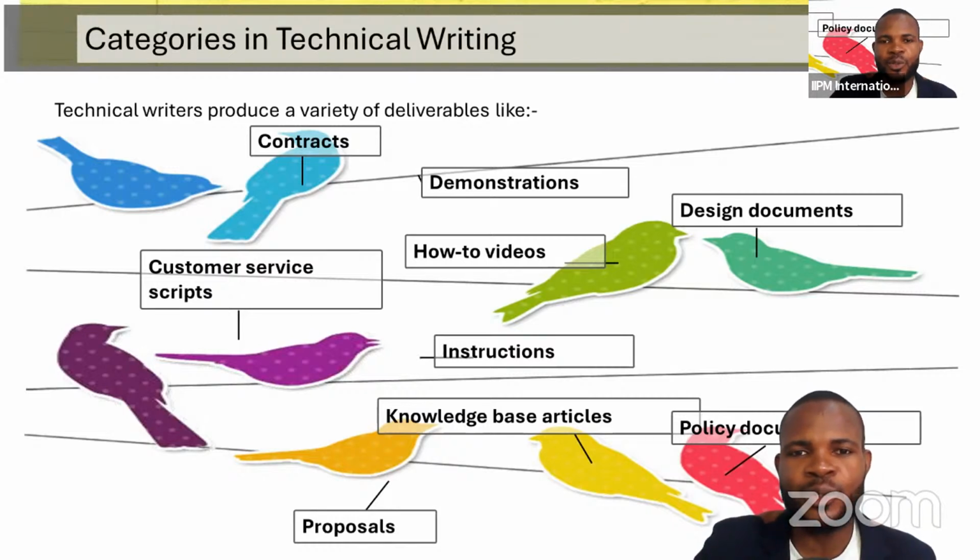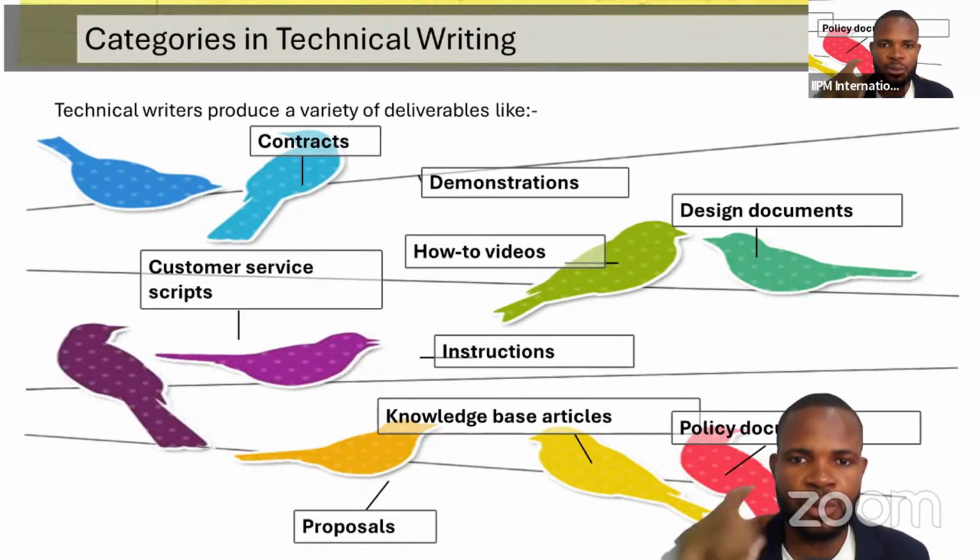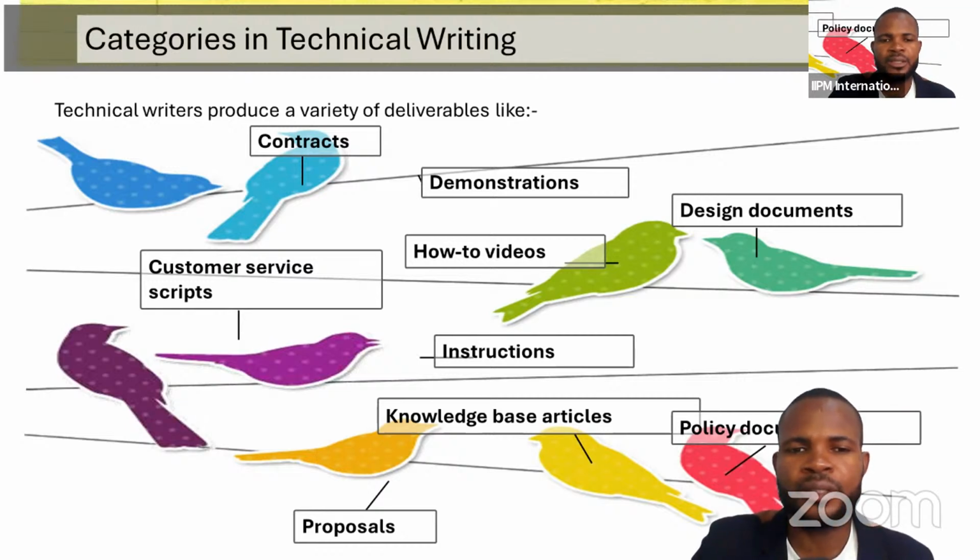You have those that do demonstration videos or how-to videos, and then those that do marketing campaigns, marketing ads, marketing strategies, and all of that. You need good knowledge of technical writing, especially at this time, to be able to do just that.